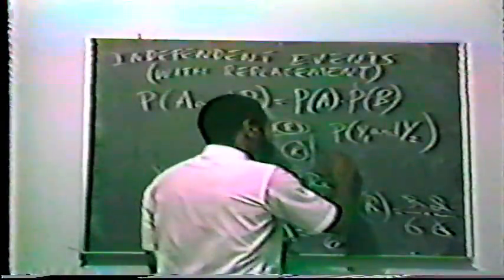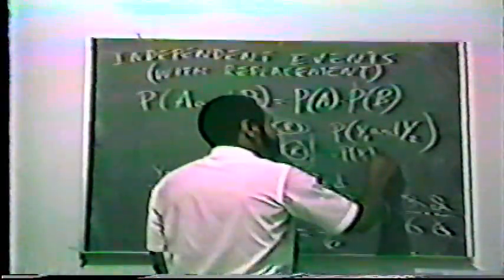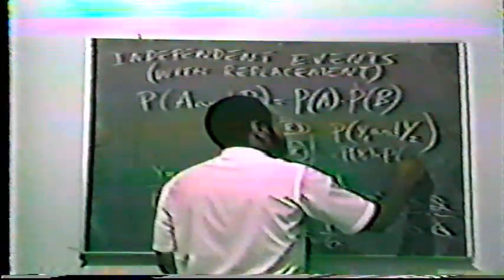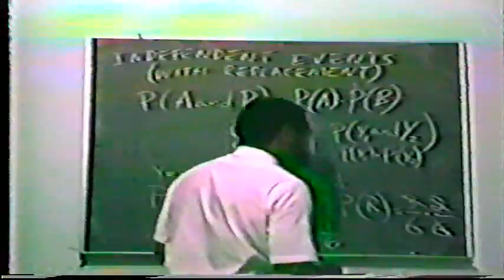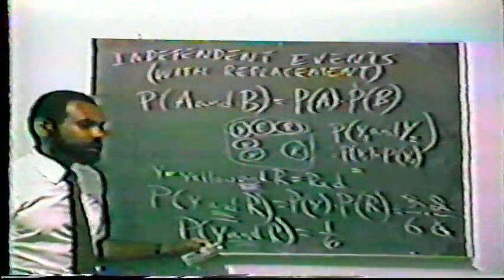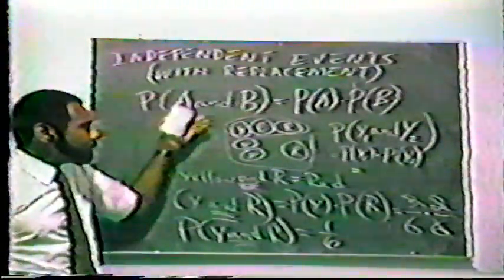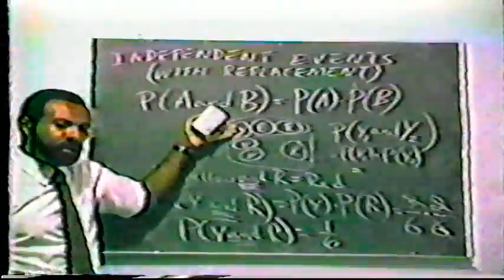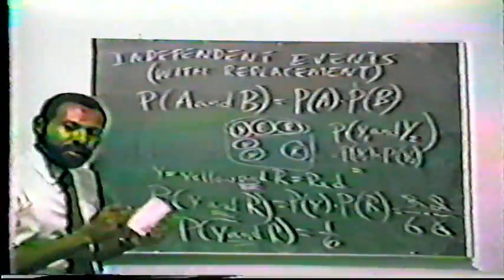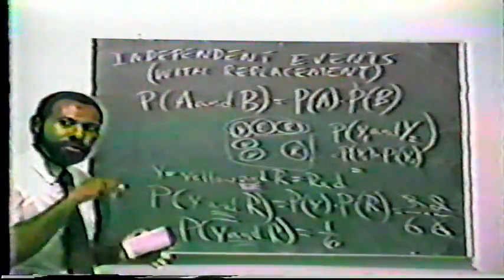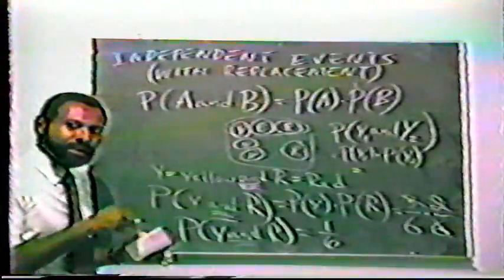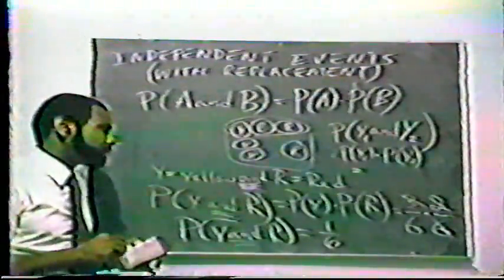That would be equal to the probability that the first ball is yellow times the probability that the second ball is yellow. We're doing this experiment with replacement, so if the first ball is yellow, we put it back in, we shake the container up, and we choose another ball. We start from the beginning.